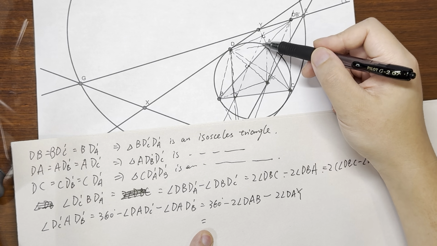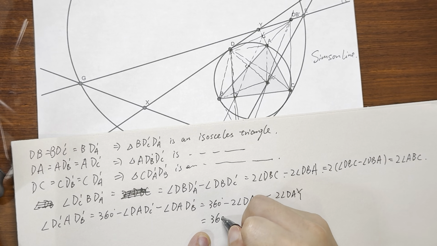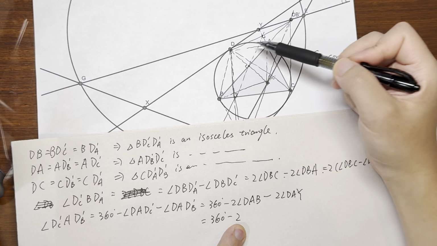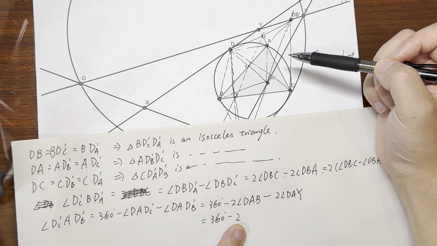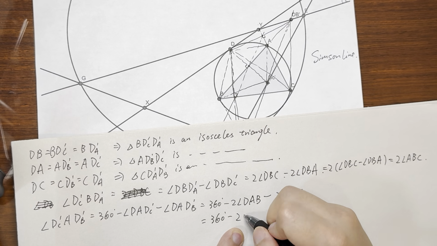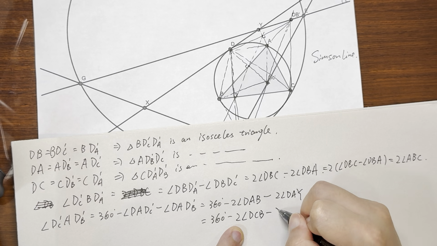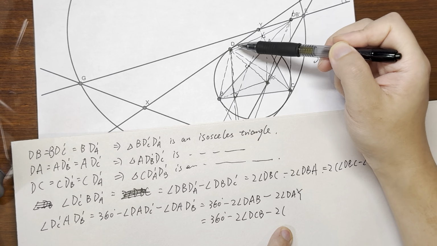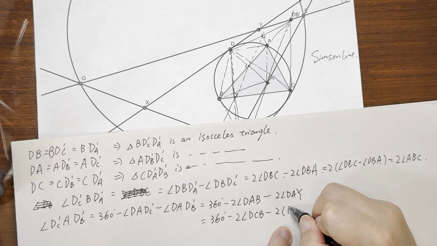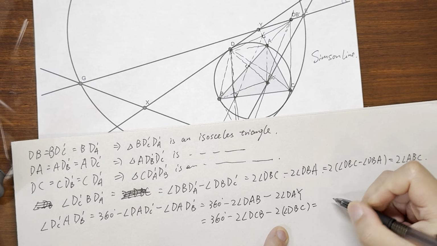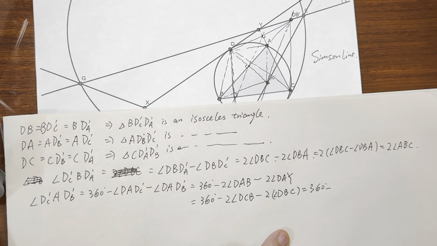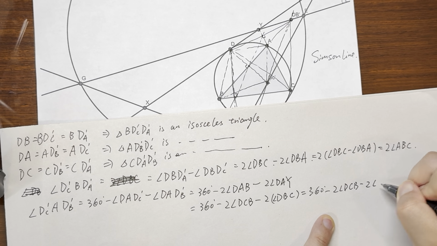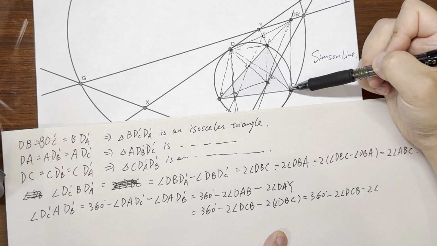So it equals to this one, 360 minus twice of angle DAB, which is angle DCB, right? Twice of angle DCB minus twice of angle DAY, which is angle DBC, equals to 360 minus twice of angle DCB minus twice of the angle DBC.